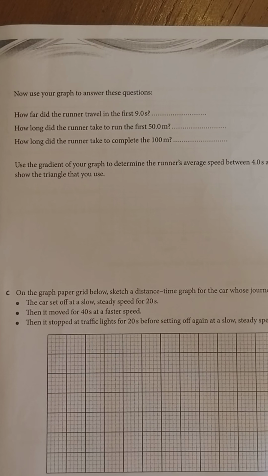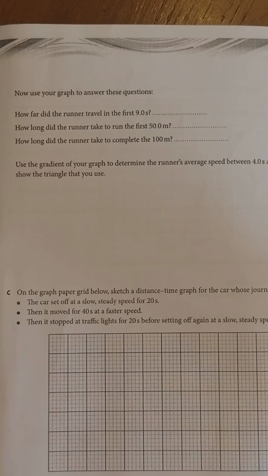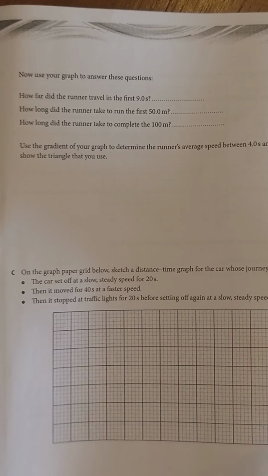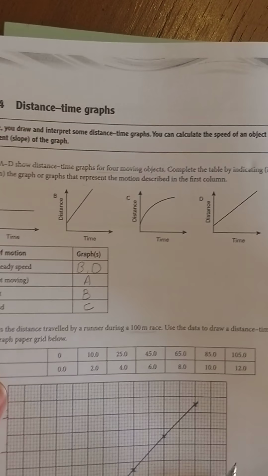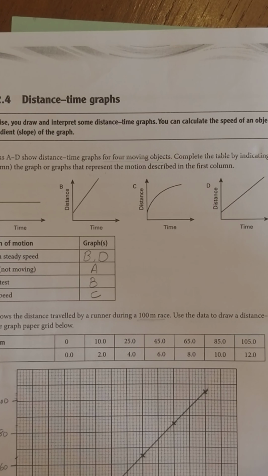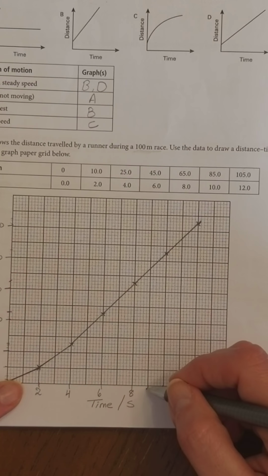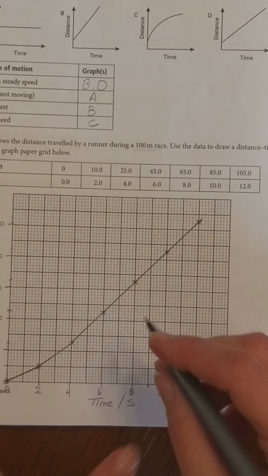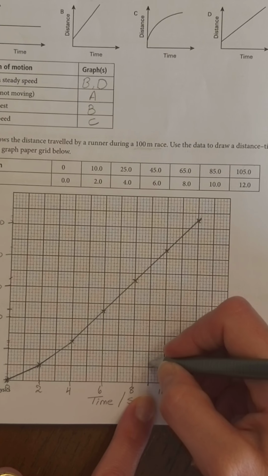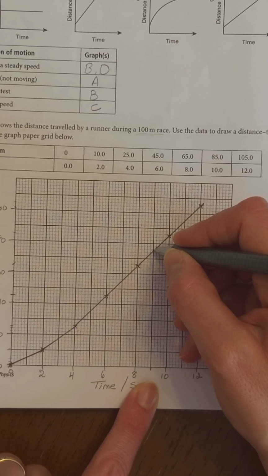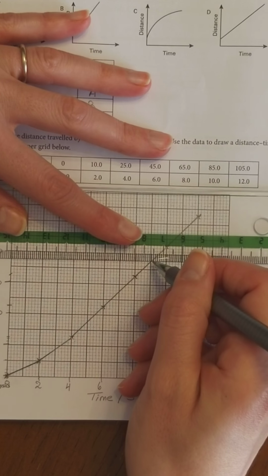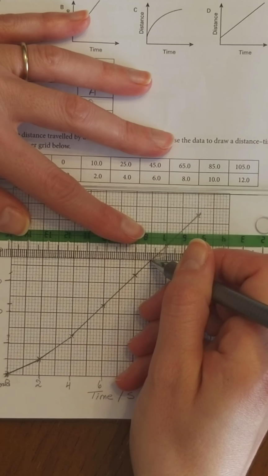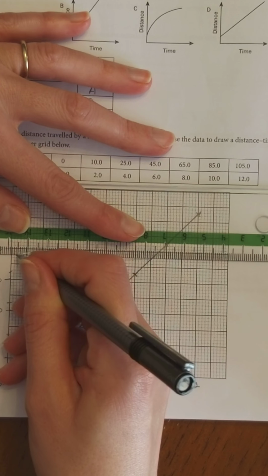Now use your graph to answer these questions. How far did the runner travel in the first 9 seconds? I need to go back to the graph. I go to 9 seconds. So 9 seconds is here, right between 8 and 10. I raise a line to the graph here and see where it's met on the y-axis.